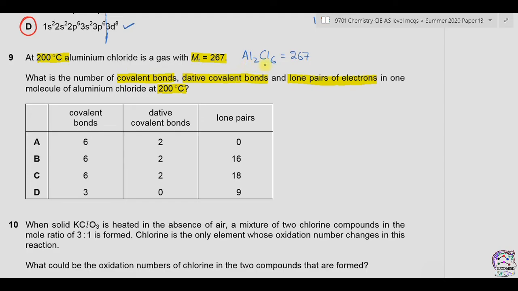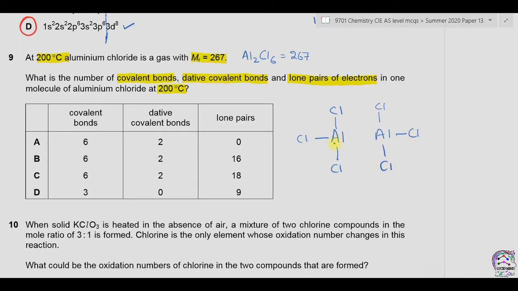Now we have to draw the structure of this aluminum chloride. In this dimer, we have two aluminum atoms. Each aluminum is bonded to three chlorines. The second one is Al, Cl, Cl, Cl.